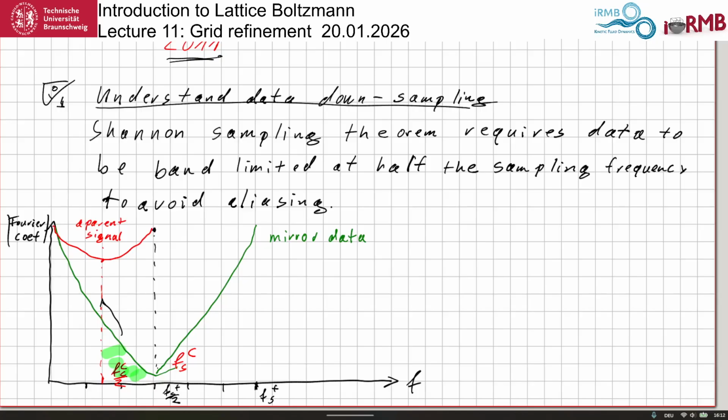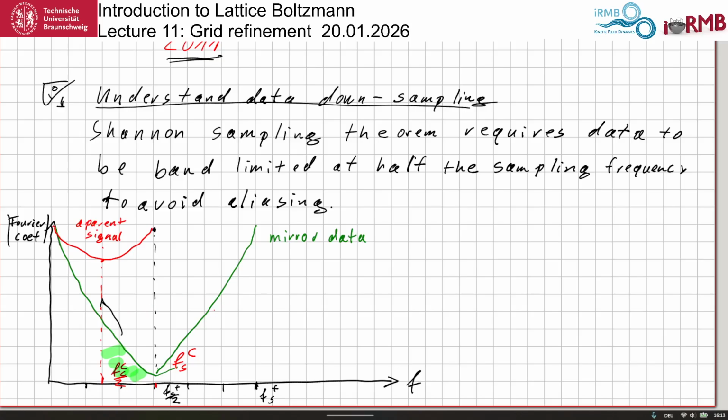Okay? Is this mysterious or is this clear? Mysterious. Okay, say you don't have frequency components that are larger than half the frequency. Then nothing gets copied back.